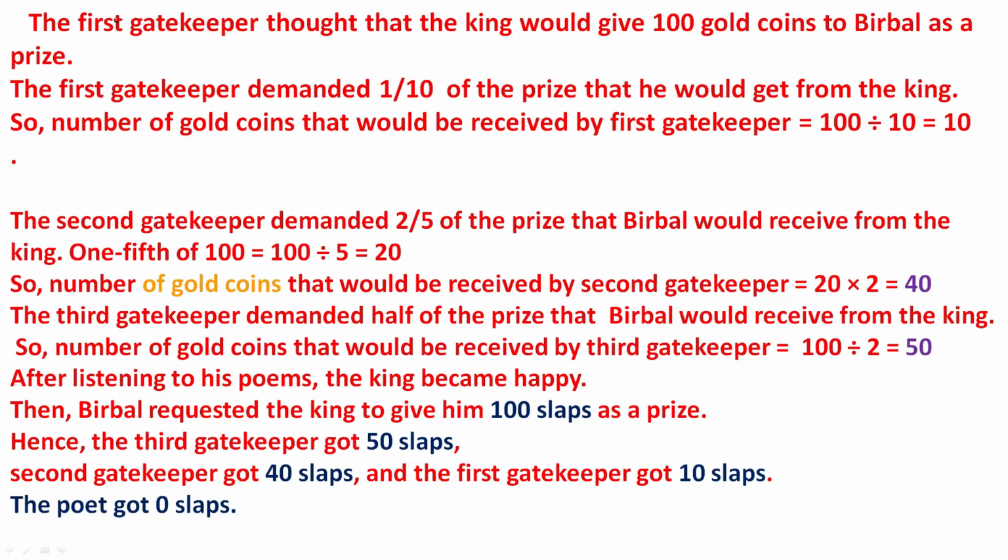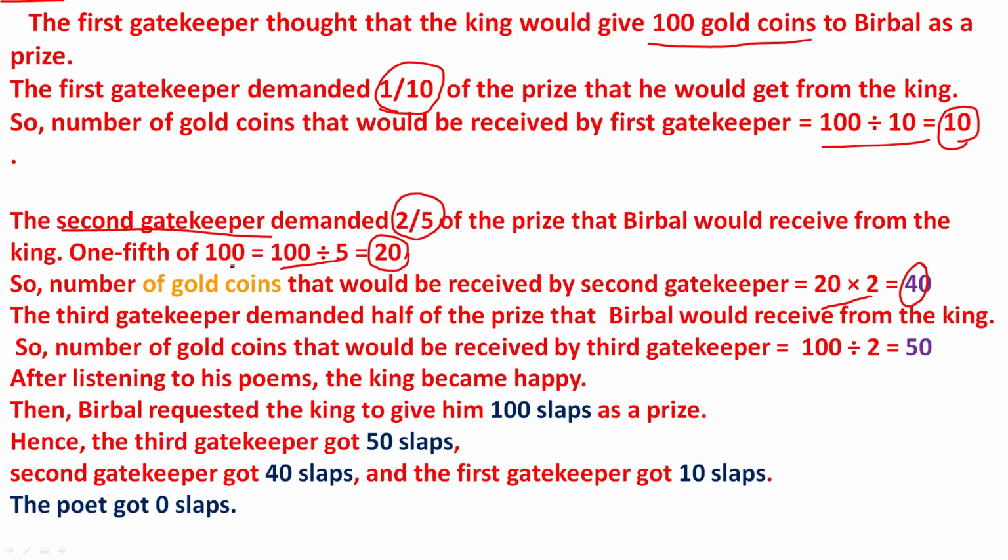Now we will discuss the answer. The gatekeepers thought that the king would give 100 gold coins to Birbal as a prize. So the first one demanded 1/10. That means 100 divided by 10 is equal to 10 gold coins to be given. The second gatekeeper demanded 2/5 of the prize. That means 100 divided by 5 gives 20, then multiply by 2 is equal to 40 gold coins.